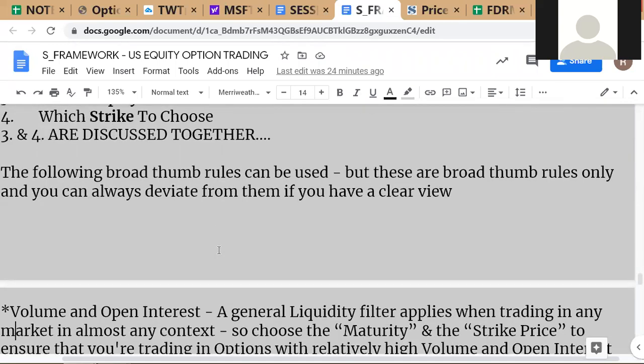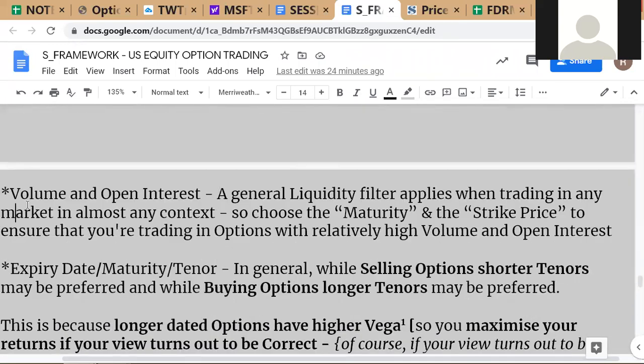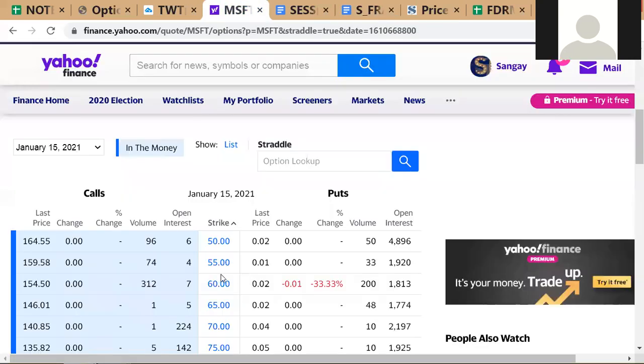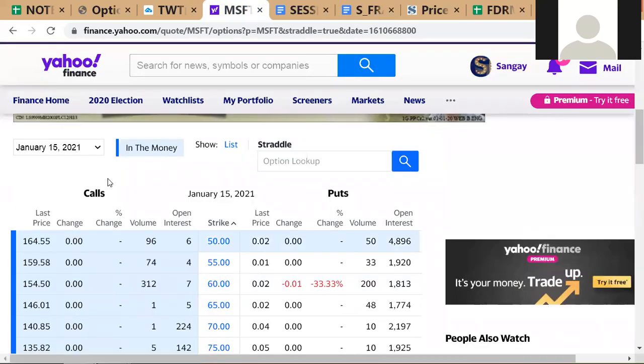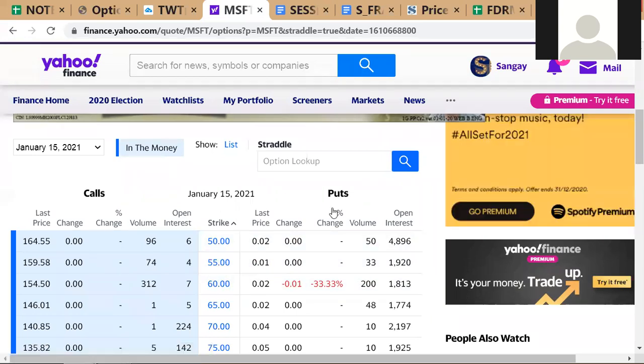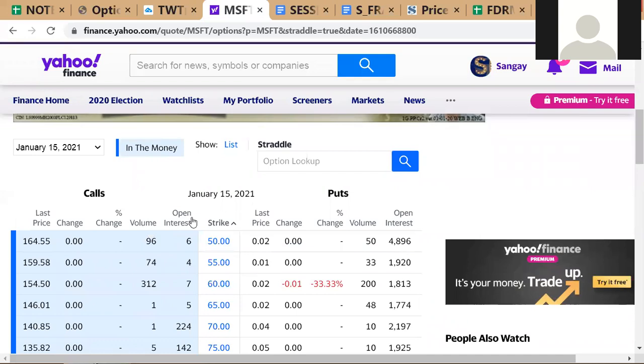In the case of choice of strike, you also have other considerations like volume and open interest. You'll see this even in your IB TWS, which I have not opened today. In TWS also, you'll find that when you have this kind of display, you can see the volume and open interest figures given and updated on a live basis.